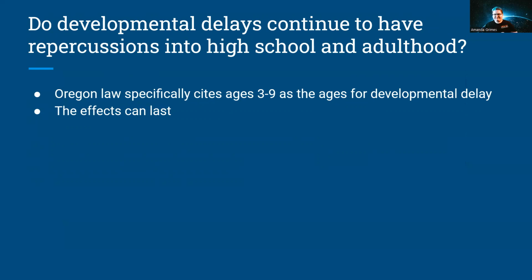But the developmental delay stuff is more about fixing the problem or trying to help fix or adapt for the problem. So if a student doesn't receive support for a language delay, it could definitely have repercussions in high school and adulthood because they never received the help and aid that would help with those delays, if that makes sense.